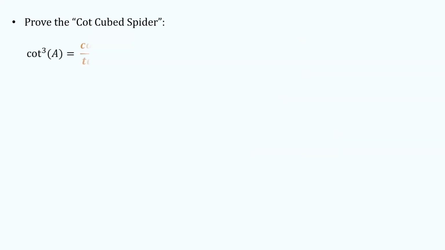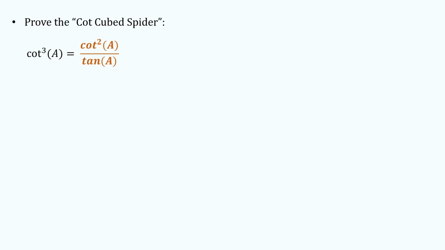To wrap up, to conclude our problem, we are going now to simplify the values of the numerator and the denominator to effectively deduce whether the cube of the cotangent of A is really equal to the expression that we have presented beforehand.